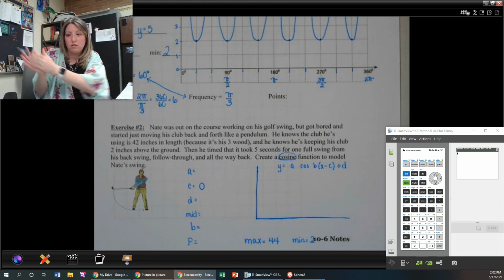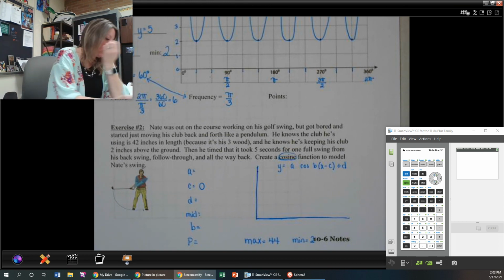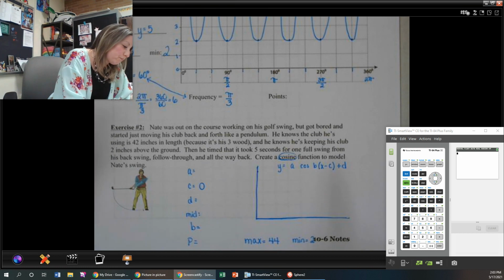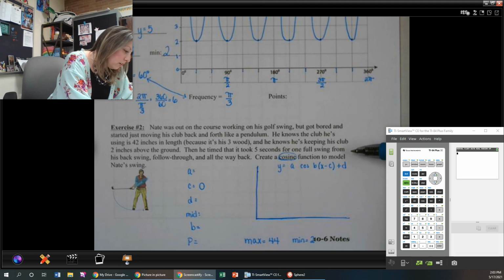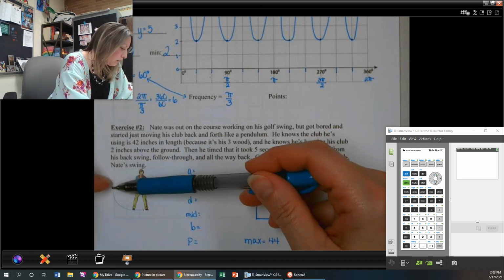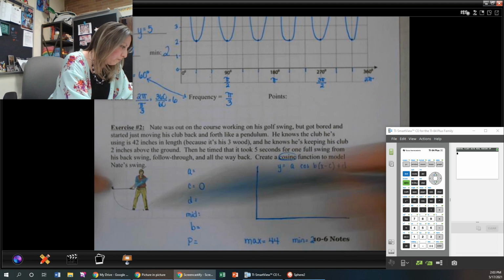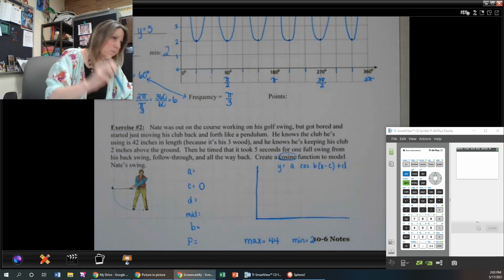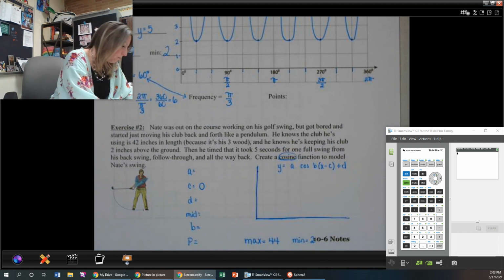When you're thinking of the height of that club, that's that distance, okay? From his club to the ground. That's your pendulum swing. Okay, so yeah, that makes sense, because 42 inches. So that's his max versus his min. Yeah, we're good. Okay, took me a sec.